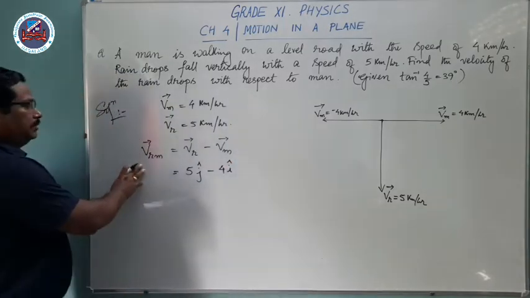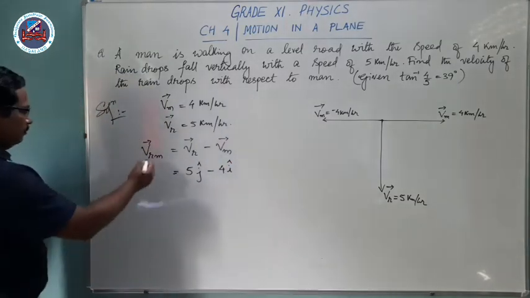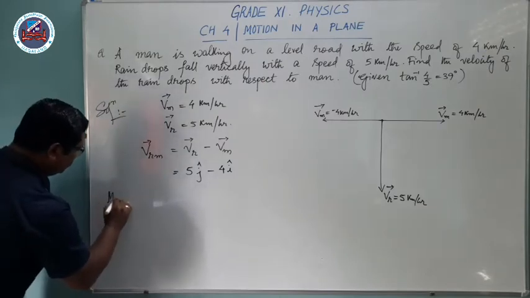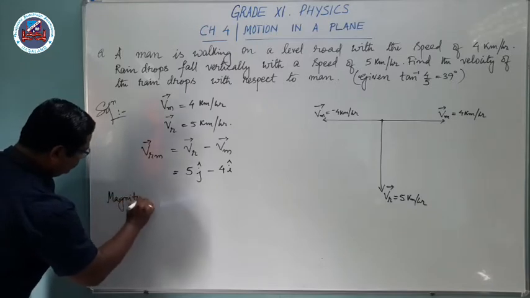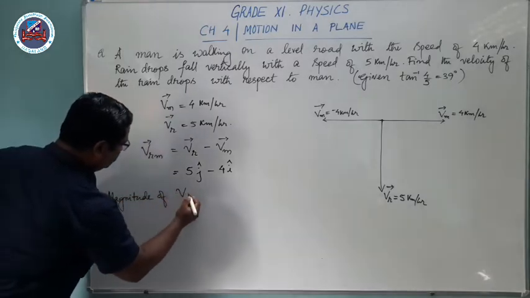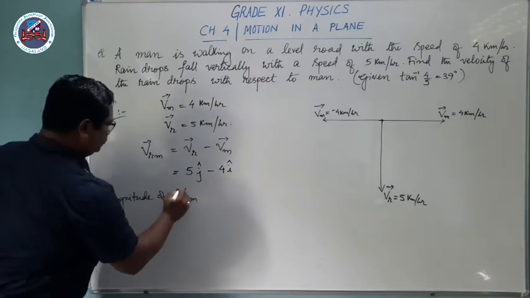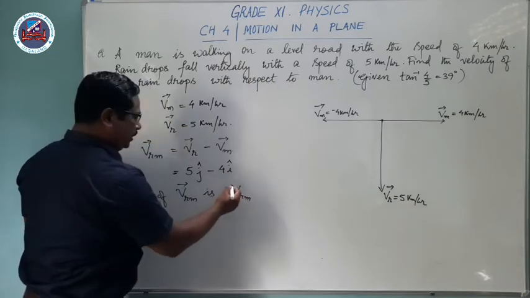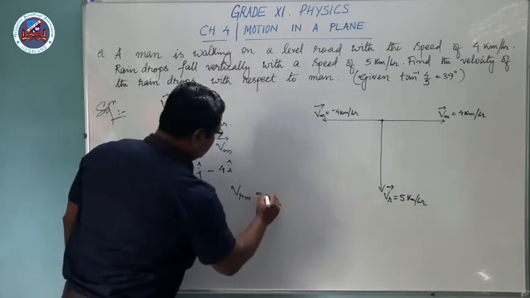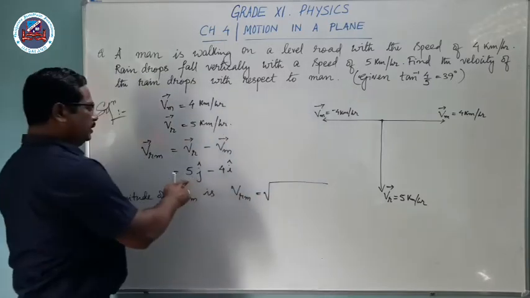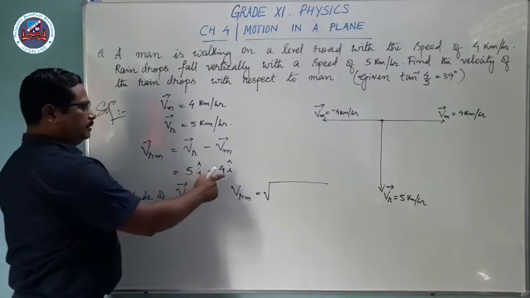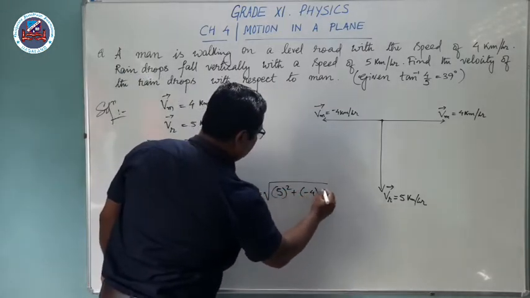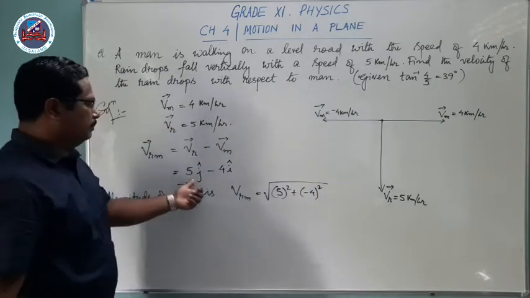Then you can find out the magnitude and direction. The magnitude of VRM, the velocity of rain with respect to man, you can write simply VRM, or if you put an arrowhead, you have to put parallel bars. That is equal to, as we did earlier, root over a square plus b square plus 2ab cos theta.